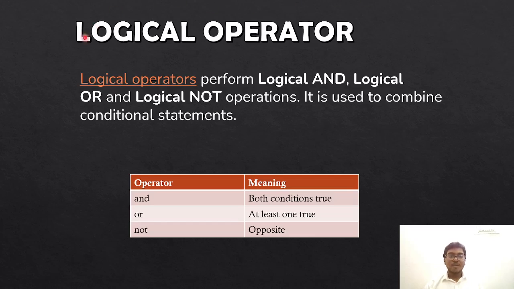Now we have the logical operators. Logical operators are of three types: logical and, logical or, and logical not. What does it mean? If both conditions are true, only then it will return true. Or means that at least one condition should be true, and not just reverses the value. If a condition is true, then it will make it false.